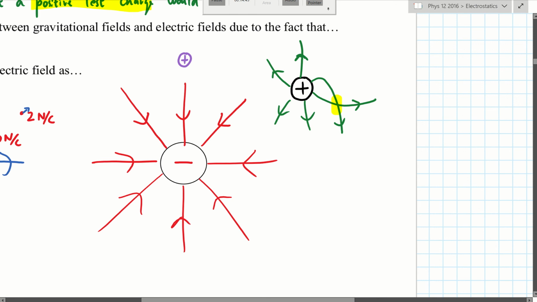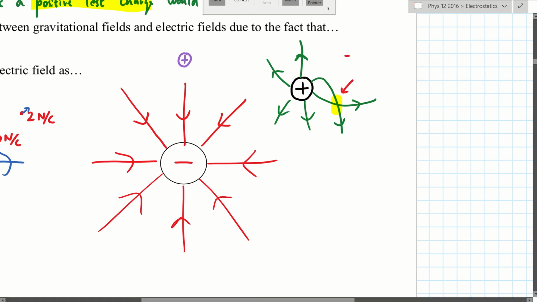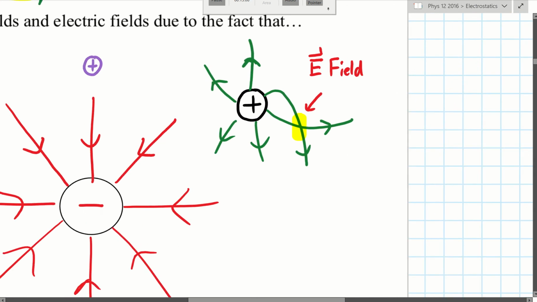Electric field lines in a diagram can never cross. Electric field, so I will call it E field. Later on, I'll just write E, right? You should know that it doesn't mean energy at this point. Electric field lines cannot intersect, cannot cross. Electric field lines cannot cross.